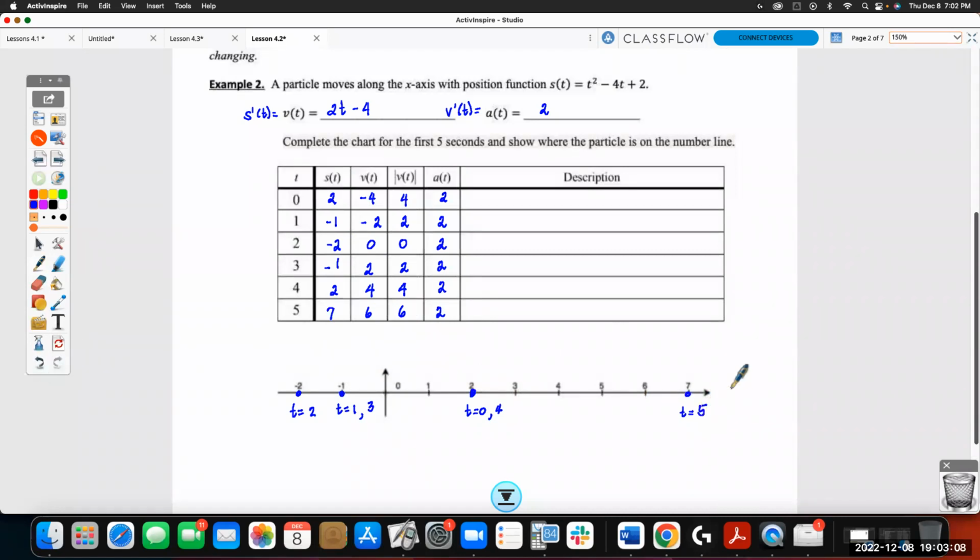All right. Now, let's look at the description. For the description, we want to identify whether the object is moving to the left or to the right, and whether it is speeding up or slowing down.